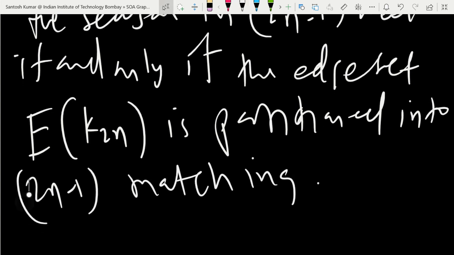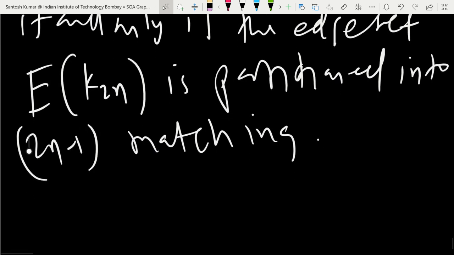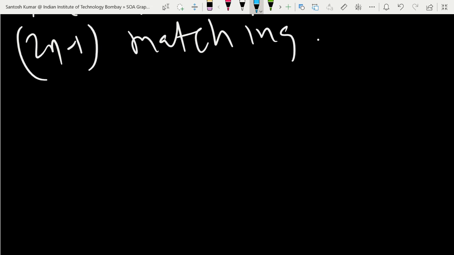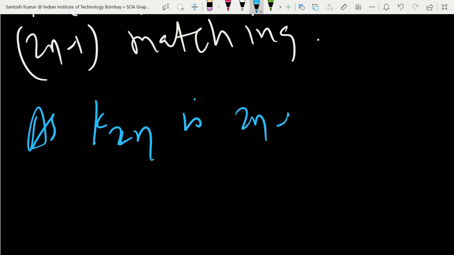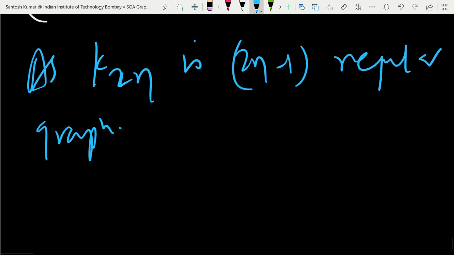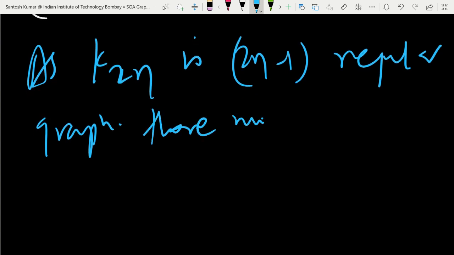If we can do that, then we can schedule it. K2n is a 2n minus 1 regular graph, right? So there must be a perfect matching.